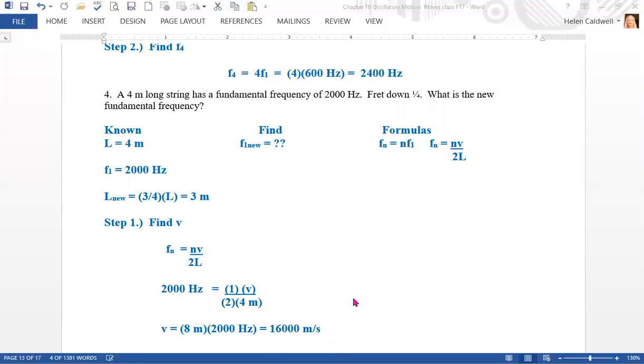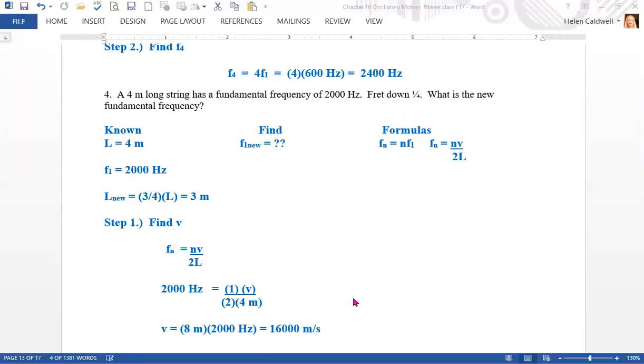Now the thing about the velocity is that when you fret down, the velocity does not change. The velocity depends on what the wire is made out of. Is it a nylon string on our really big guitar, or is it made out of metal? And its diameter, but we didn't change either one of those. We didn't change what it was made out of or how fat it is. We just changed how long.